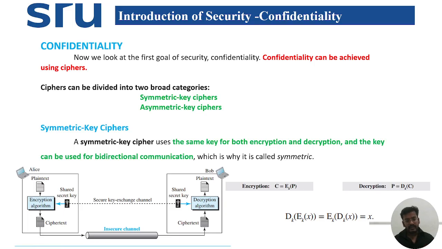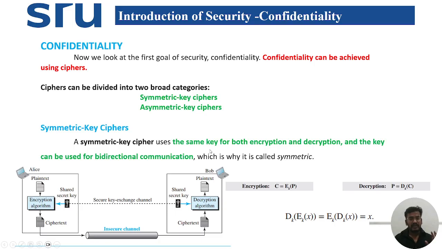The ciphertext flows through the insecure channel. Once it reaches the destination or the respective person, the ciphertext is converted back by a decryption algorithm. Then Bob can use the specific key to read that file. So this is a symmetric key cipher method.